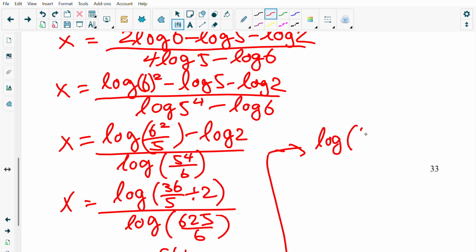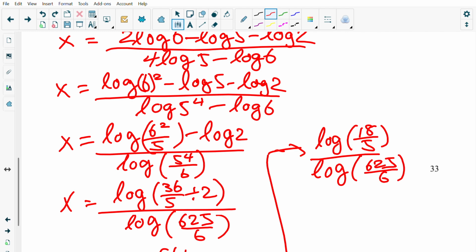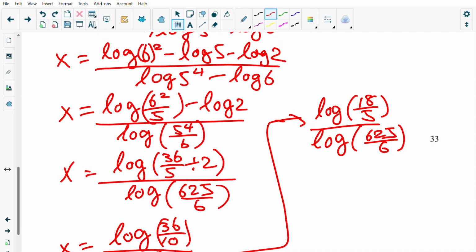Okay, let's bring it over here. Need more room. That's log of, let's reduce, 18 fifths divided by log of 625 sixths. Okay, and then I can't reduce anything anymore.